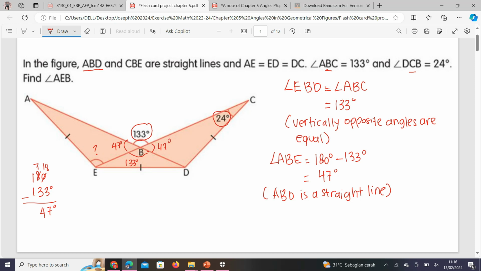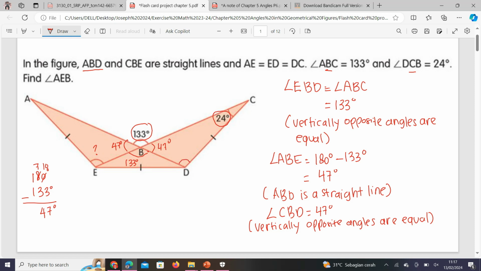So the angle of CBD equals 47 degrees, because vertically opposite angles are equal. I put in here, vertically opposite angles are equal. After that, you may find this angle.